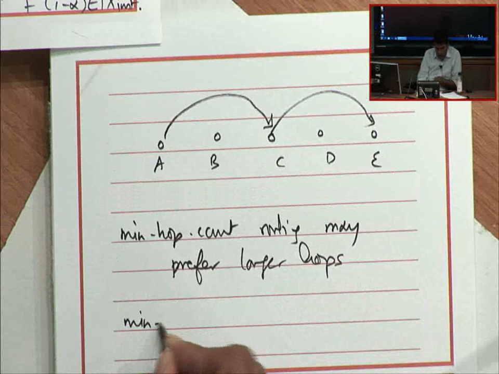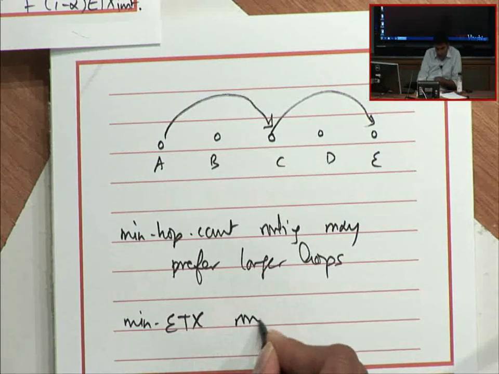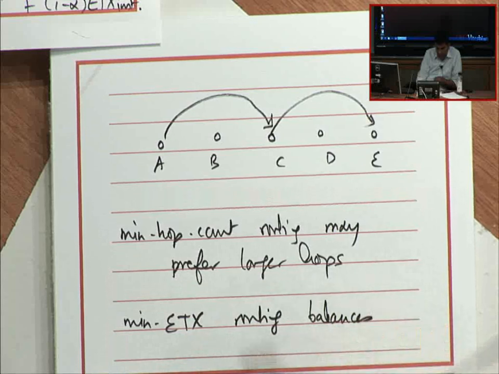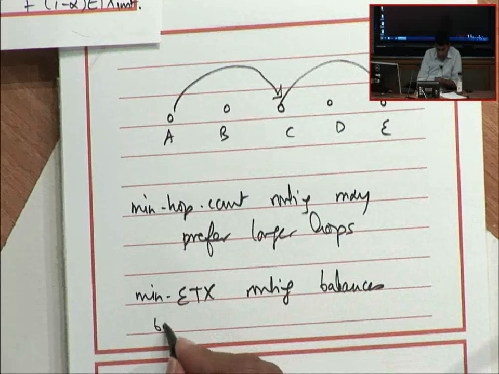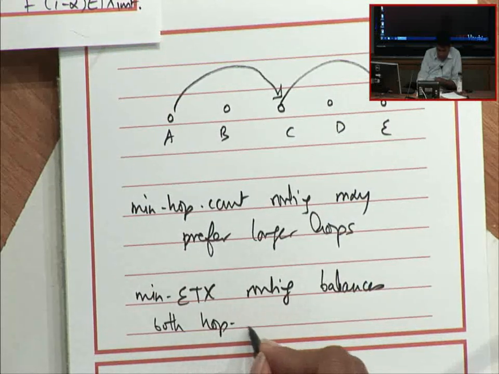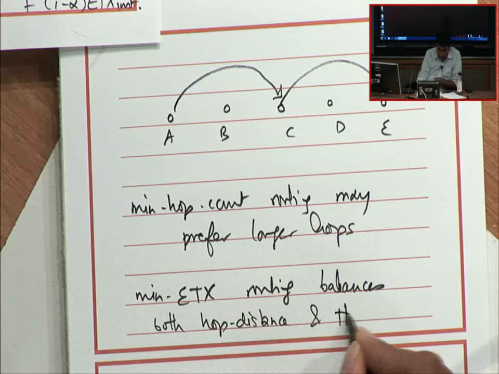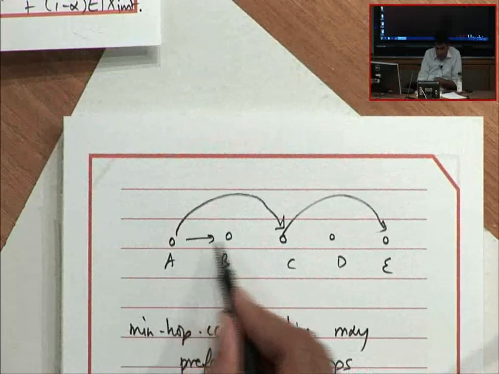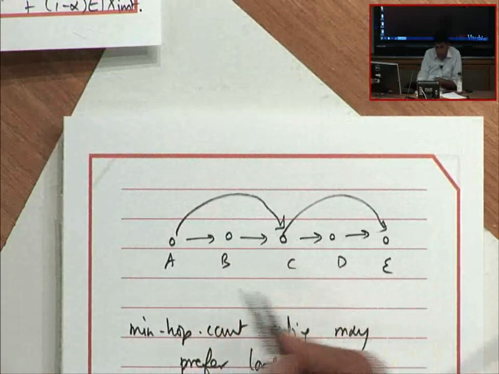Whereas if you focus on min ETX routing, it balances both hop distance and number of hops. So it may not necessarily go every single hop.